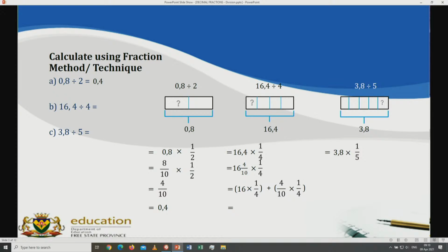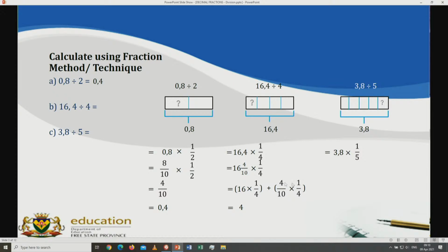Now 16 multiplied by 1 quarter, or a quarter of 16, in a nutshell, is 4. And then we have 4 tenths multiplied by 1 quarter. Then we know that 4 into 4 goes once when we simplify it, and then here also it goes once.